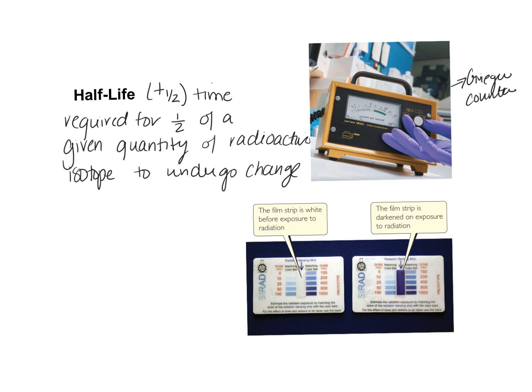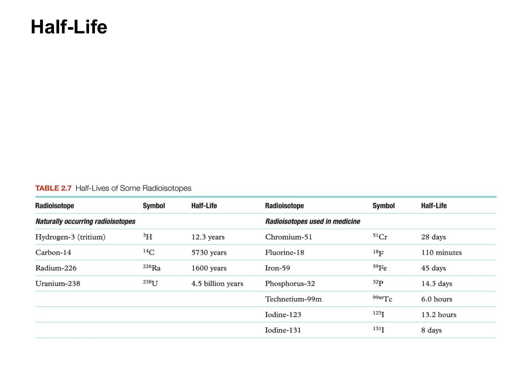Okay, so not all radioisotopes decay at the same rate, and that rate just means speed. And so isotopes with very short half-lives are going to decay very quickly, and they're going to be very unstable. Now, that doesn't mean if you have a long half-life, it's less dangerous. It's sometimes quite the opposite. But short half-lives, unstable decay. Long half-lives decay much slower.